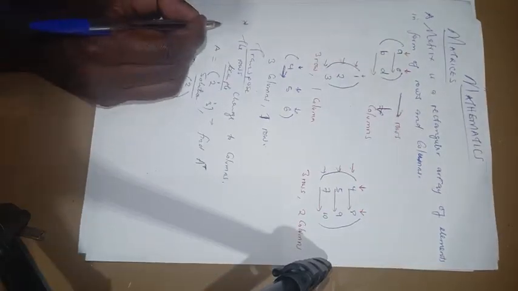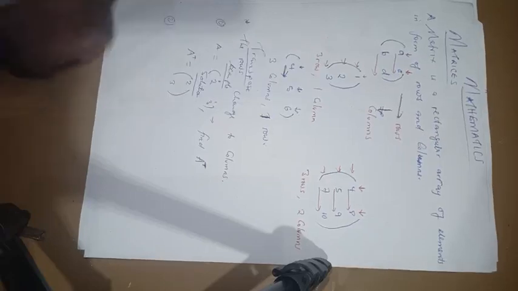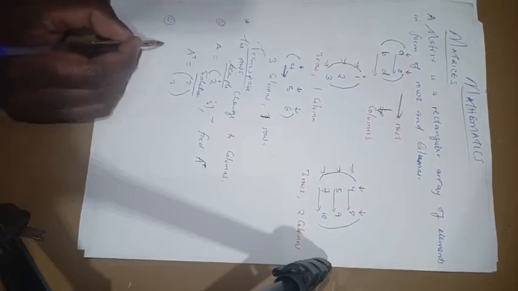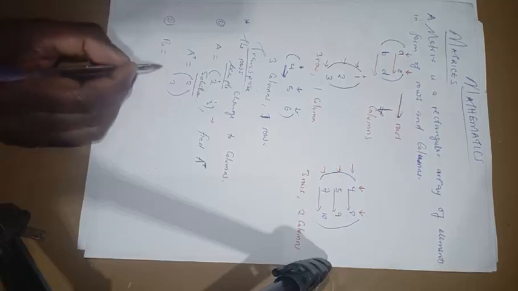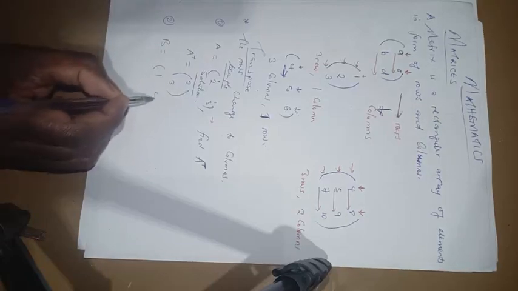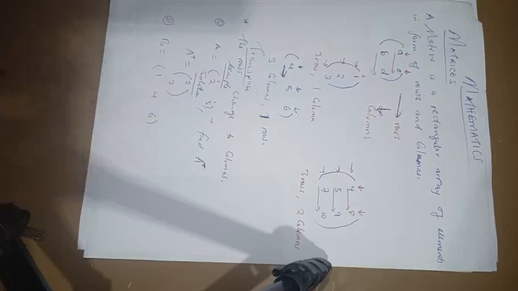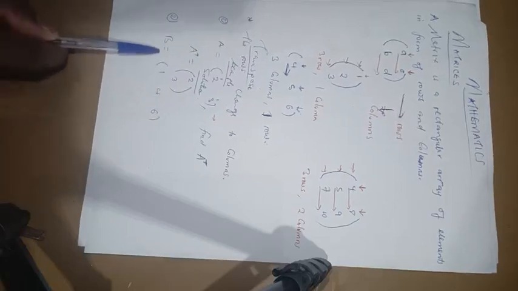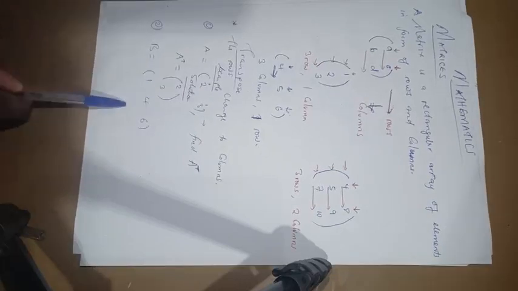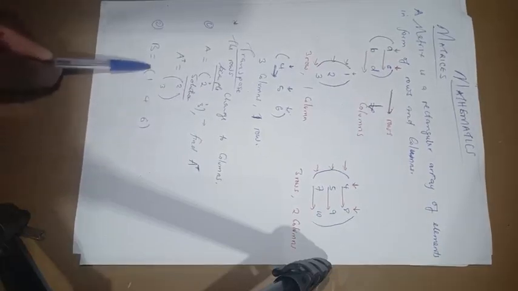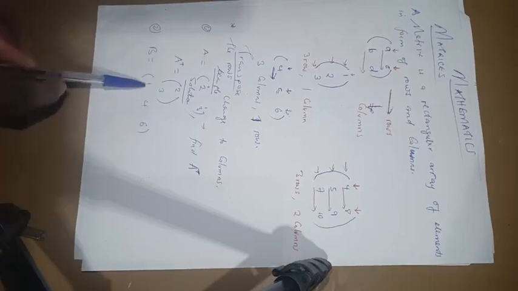This is maybe example number 1. Example number 2, we have B is equal to 1, 4, 6. So we have one row going this way, we have one line. Then here we have 3 lines. So this is one row, 3 columns.